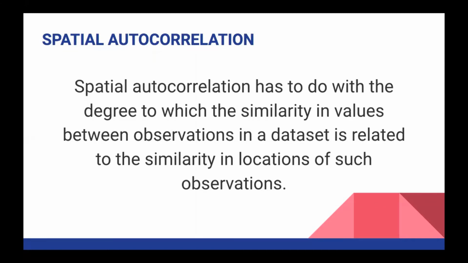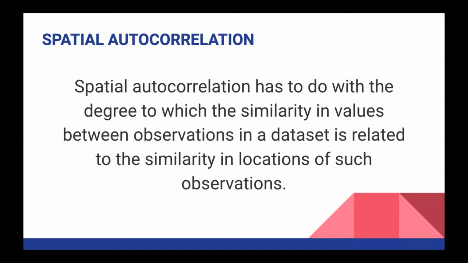Taking for example cases of COVID-19 in Nigeria, we observe it in several states. Can we say that the data we have in Lagos is similar to the one they have in Oyo State or Ogun State?